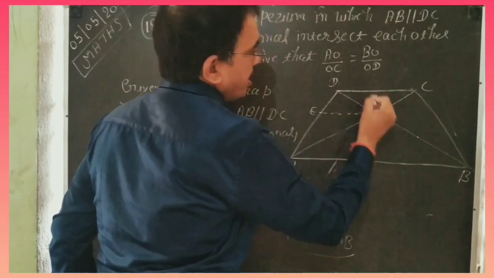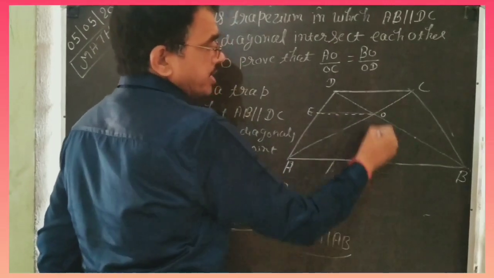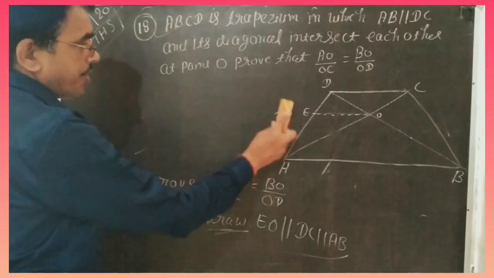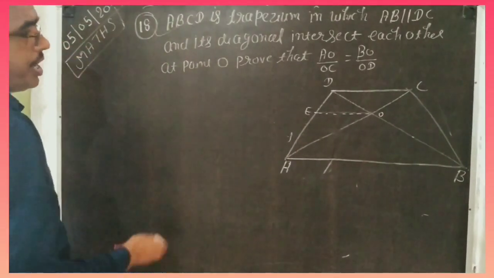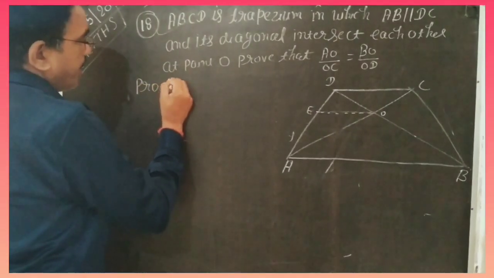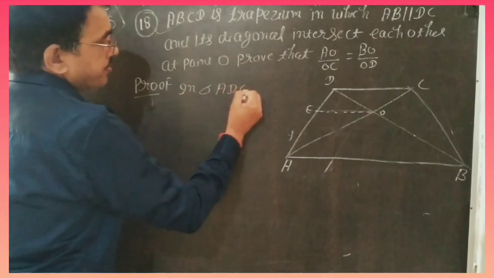This EO is parallel to DC, and that means EO is also parallel to AB because AB and DC are both parallel. So we draw the construction that EO is parallel to DC. What do we conclude now? In the proof, you write here: in triangle ADC.